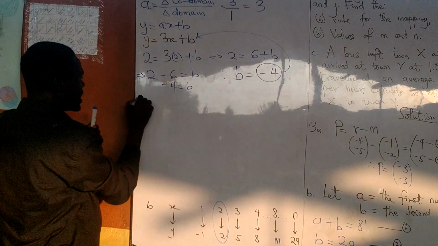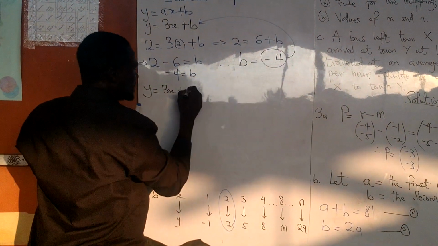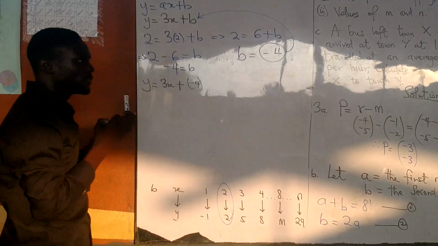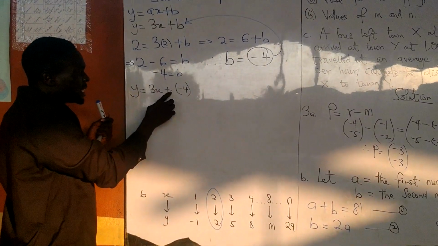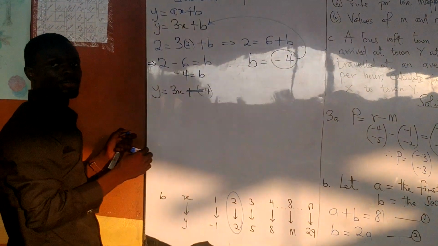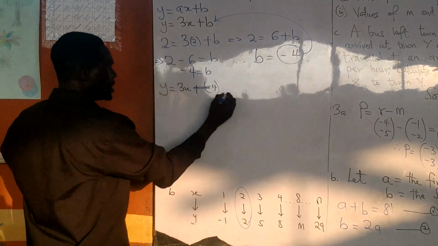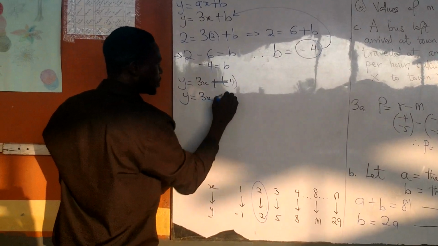So I'm going to say y is equal to 3x plus negative 4. Don't just write 4, because the negative is for the 4. And when negative and positive meet, it changes to negative. So this is going to give me y is equal to 3x minus 4.